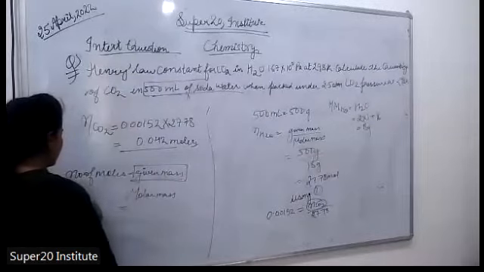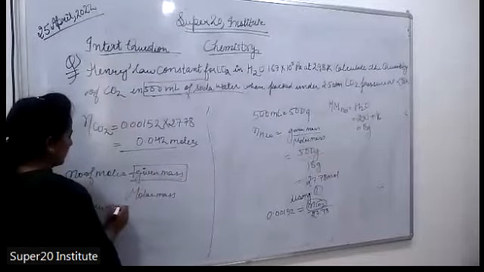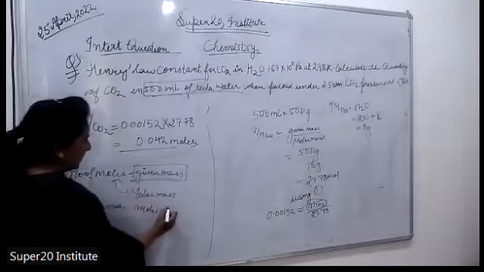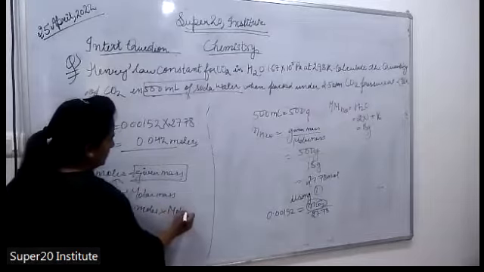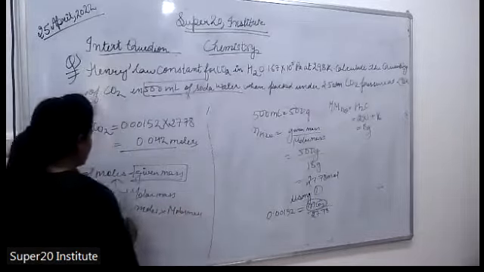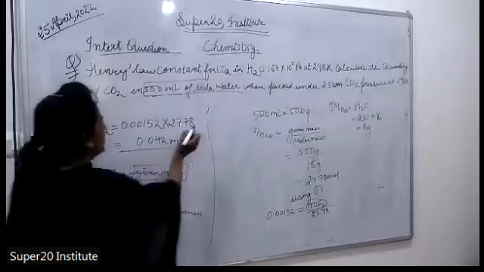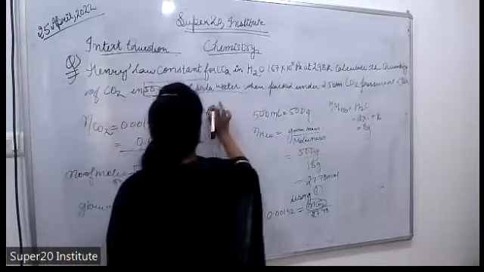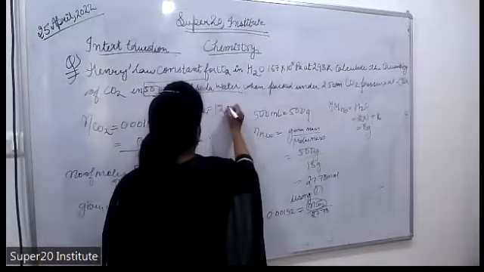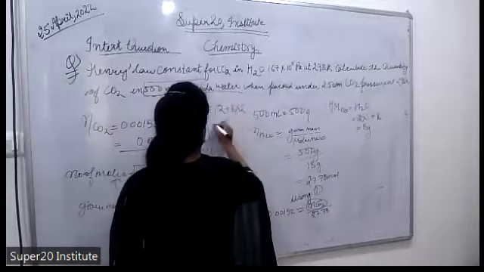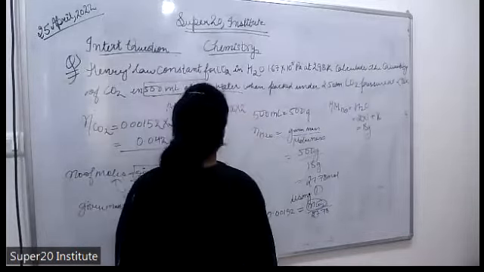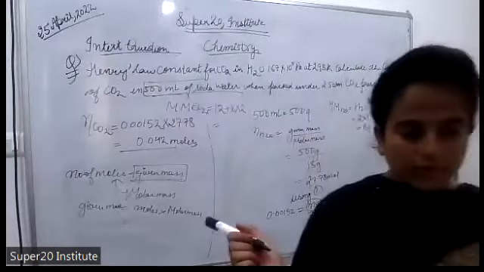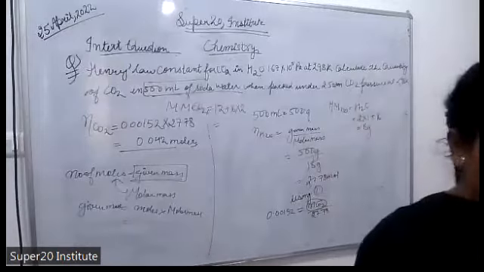Given mass will be equal to moles multiplied by molar mass. What is the molar mass of carbon dioxide? It is 12 plus 16 into 2. So this is the molar mass of carbon dioxide. Now put all these values in the formula and calculate the answer.